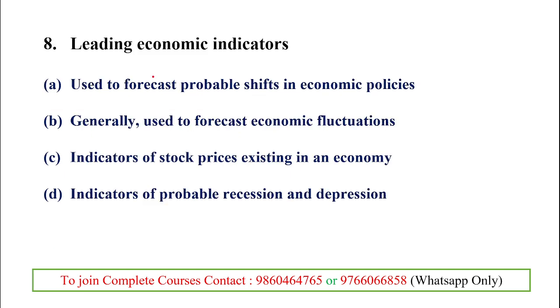Next question. Leading economic indicators. The leading variable is the advance movement in the aggregate economic activity. So what about leading economic indicators? Whether it is used to forecast probable shift in economic policy, or forecast economic fluctuation, or indicators of stock prices, or indicators of probable recession and depression.